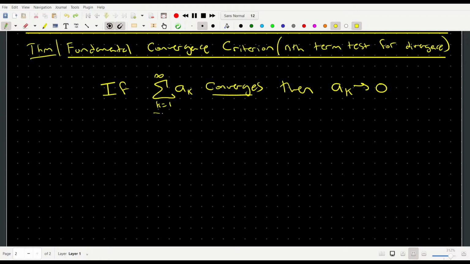So if the series converges, then the underlying sequence limit has to be 0.